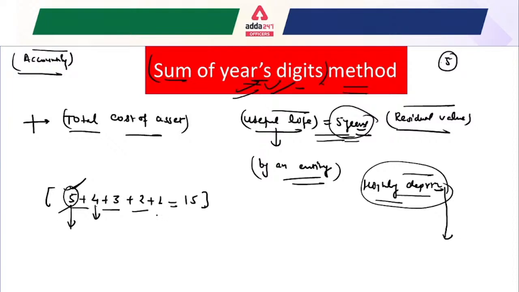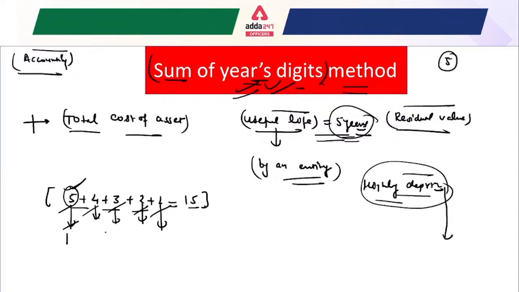And this is the concept behind this. This is the first year depreciation, this is the second year, this is the third year, this is the fourth year, and this is the fifth year depreciation. This is the fifth year, this is the fourth, this is the third, this is the second, and this is the first year. So whenever you have to calculate, suppose, the fourth year depreciation, how can you calculate?